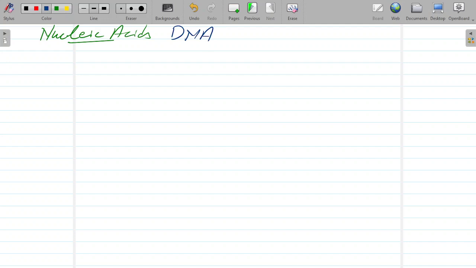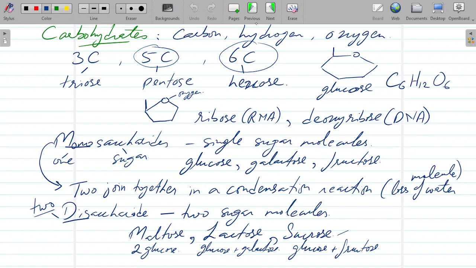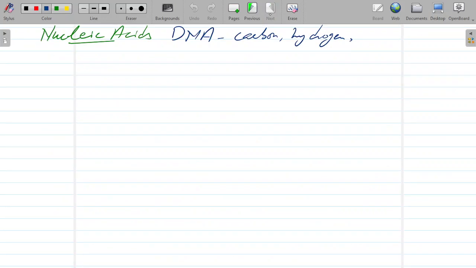And it's made up of the elements carbon, hydrogen, and the sugar that's involved. So there's a carbohydrate that's involved. In RNA, it's the 5-carbon ribose. In DNA, there is the 5-carbon deoxyribose. So you've got carbon, hydrogen, oxygen, nitrogen, and phosphorus.